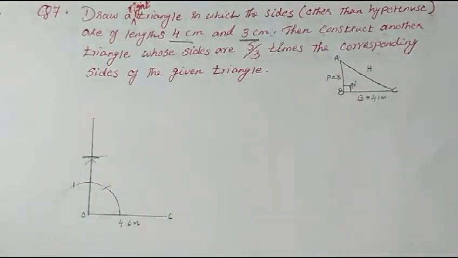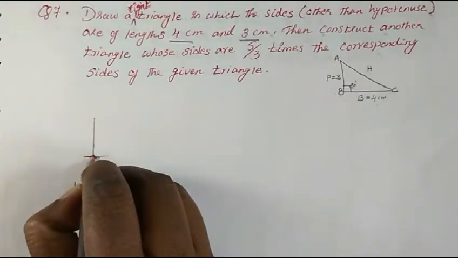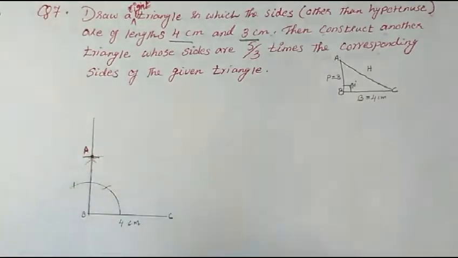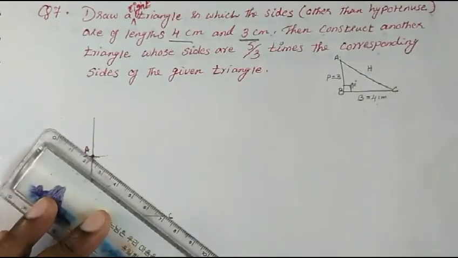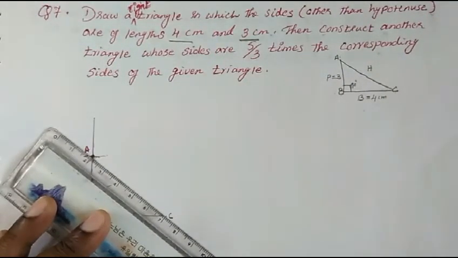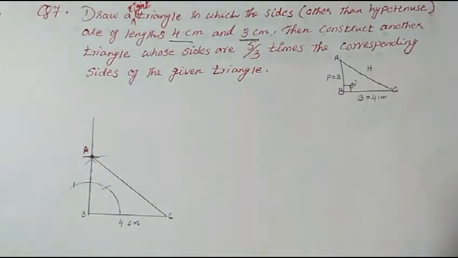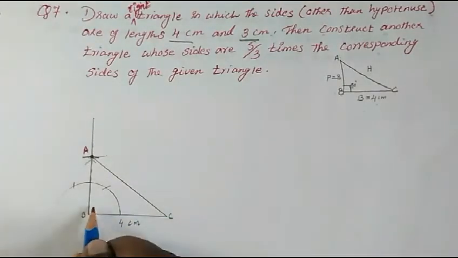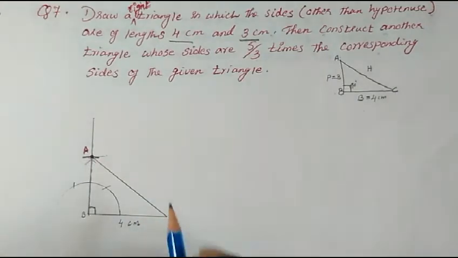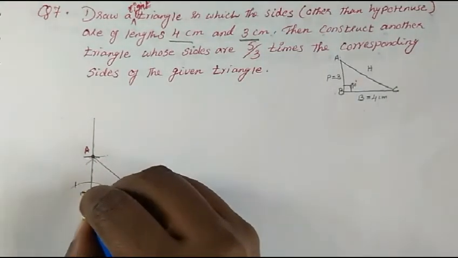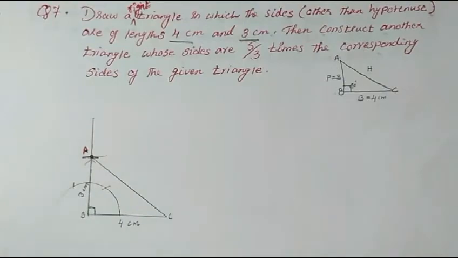So now this is our point A. So let's join that with C. Okay, so we have constructed this 90 degree. This is A, this is B, and this is C. This is of 4 centimeter. This is of 3 centimeter.